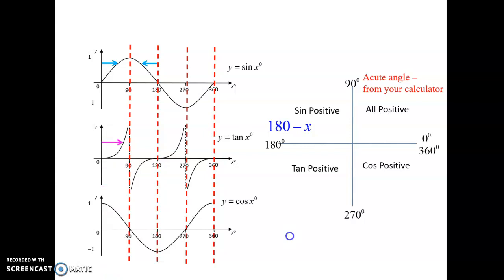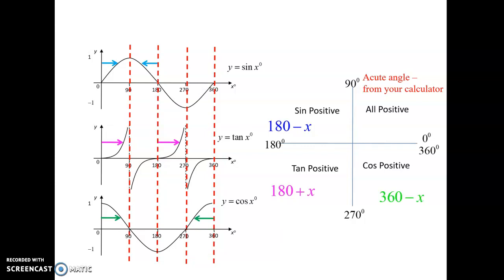Looking at tan, the same distance that we go from 0 is the same distance that we go from 180. This time it goes forward from 180. So in tan, we need to do 180 plus x. And can you guess what's going to happen in cos? Whatever distance we go in from 0, we need to go that same distance back from 360.